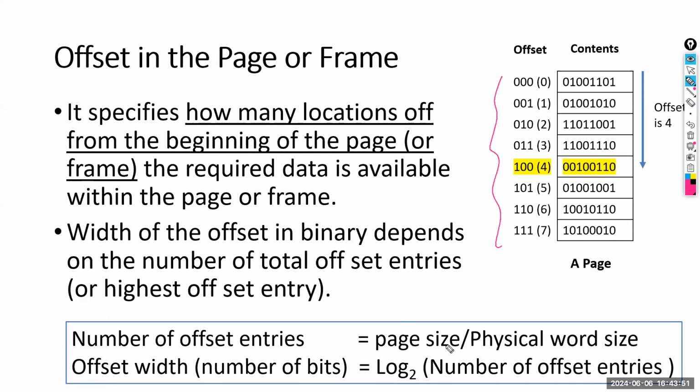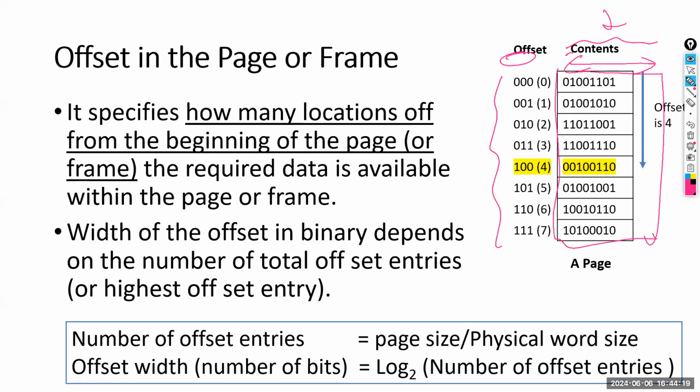That is your page size or frame size, that is the total capacity for the data, ignoring the address, divided by your physical word size. Word size means for a particular memory address, how many bytes are kept in your memory. Most of the time it is 1 byte. For every 1 byte you get a memory address.